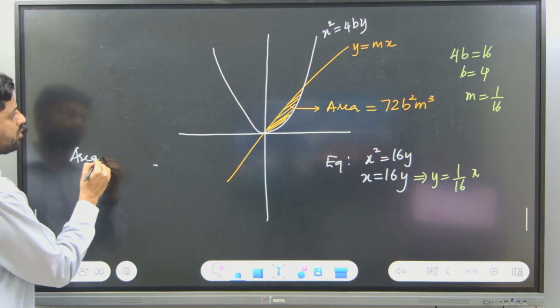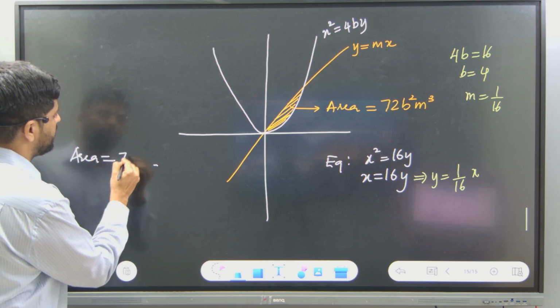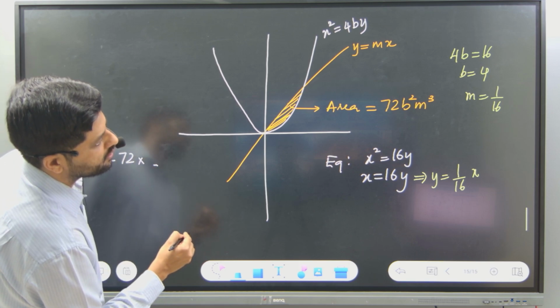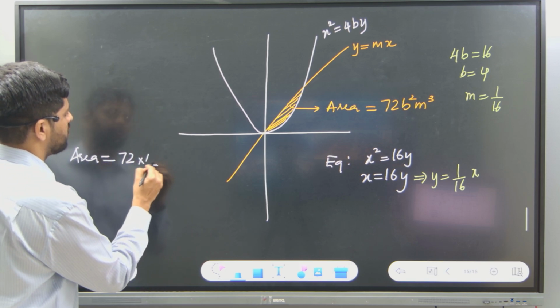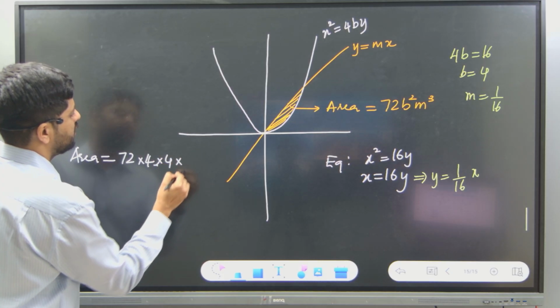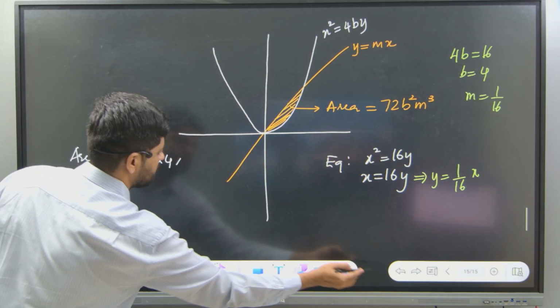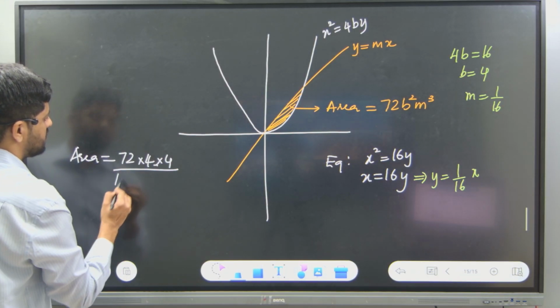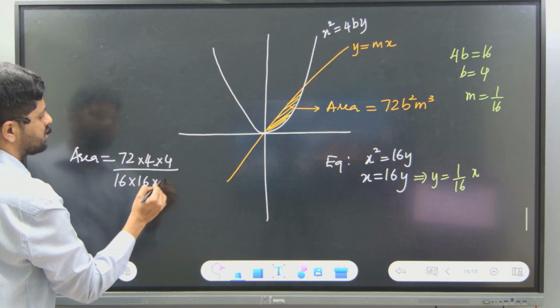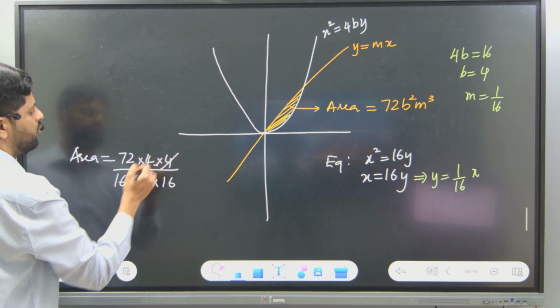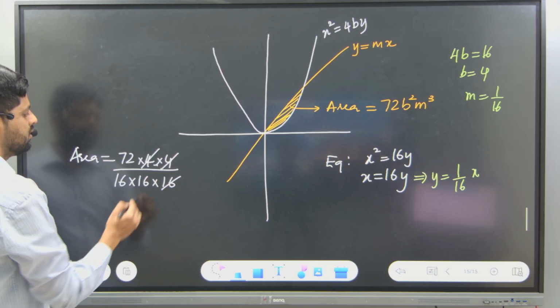Area will be equal to 72 into b square, which is 4 into 4, into m cube. 16, 16 and 16 in the denominator. Right? 16 into 16 into 16. Whatever area you get. 4, 4 gets cancelled with 16.